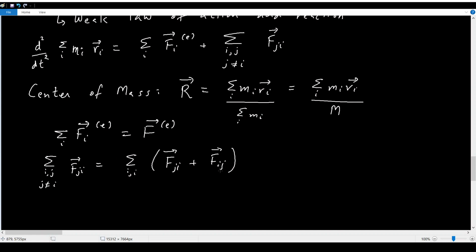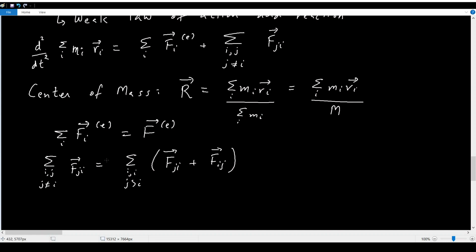But if I want to write them explicitly like this, I can just have this condition here, that j is greater than i. So these are equivalent. The only thing I've done is I've noted that for each Fji there's an Fij in the sum, but I want to represent that explicitly here.